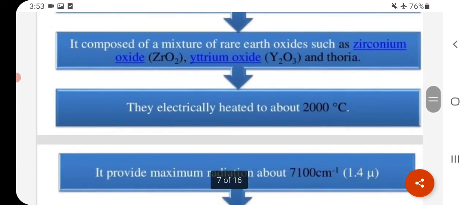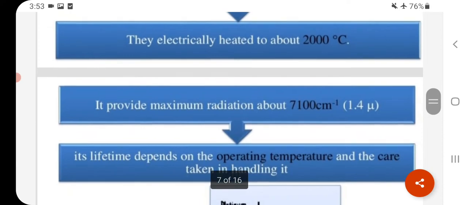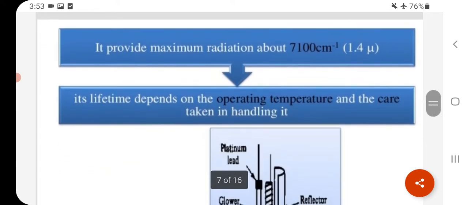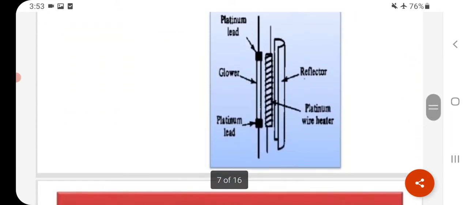They are electrically heated to about 2000 degrees Celsius. It provides maximum radiation at about 7100 centimeter inverse, 1.4 micrometer. Its lifetime depends on the operating temperature and the care taken in handling it. These are the diagrams.